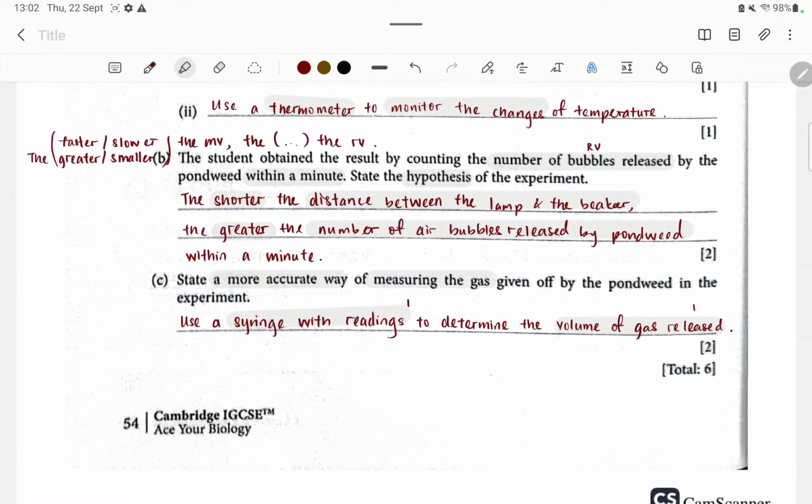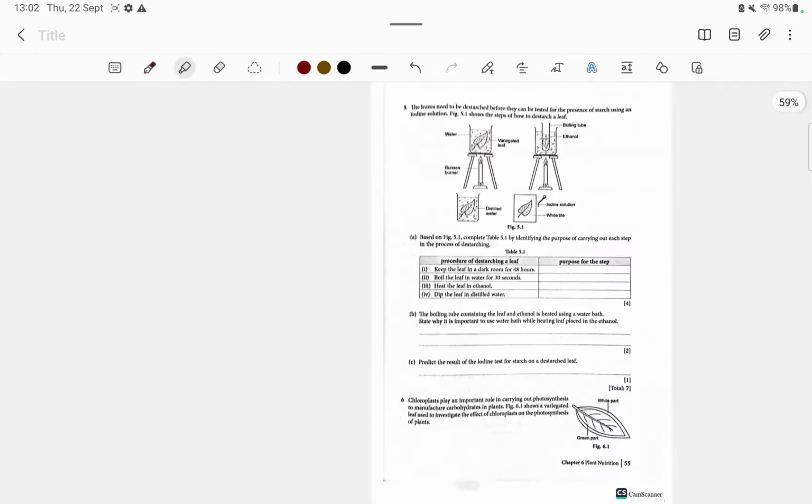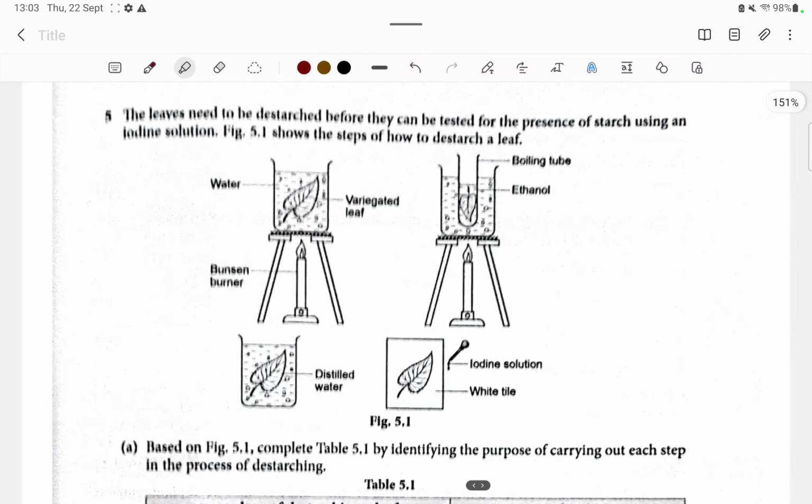Let's look at number 5. Okay. The leaves need to be destarched before they can be tested for the presence of starch using an iodine solution.